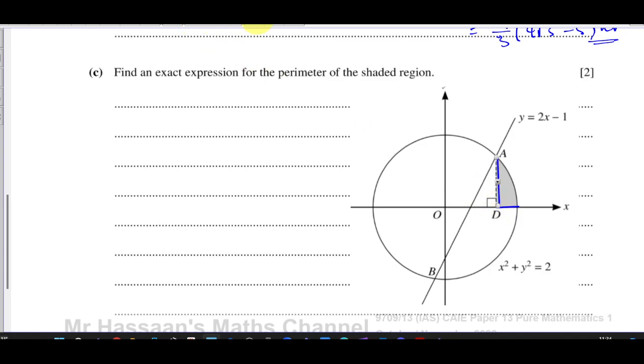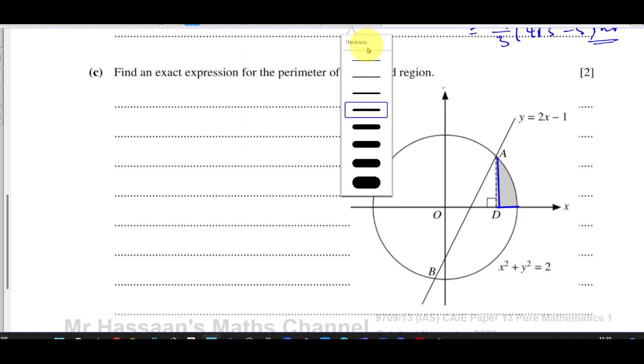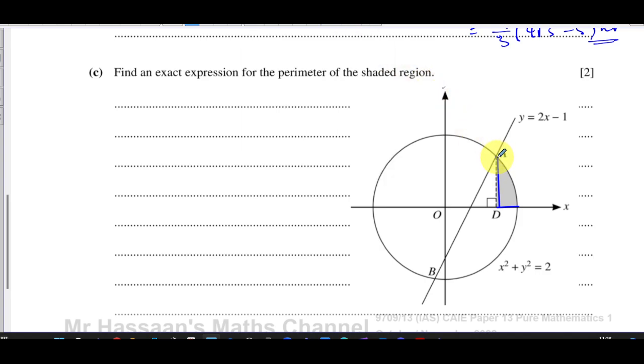And you've got basically this, which is the arc of this circle. So we need to find, well, this is the coordinates 1, 1. So A to D, so you've got AD plus, let me call this point E, plus DE plus the length of the arc between A and E.